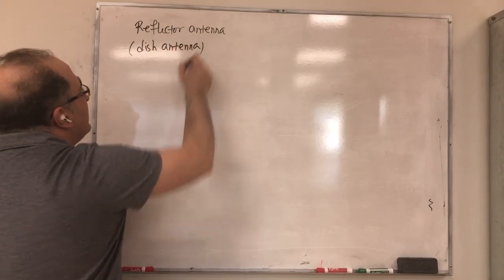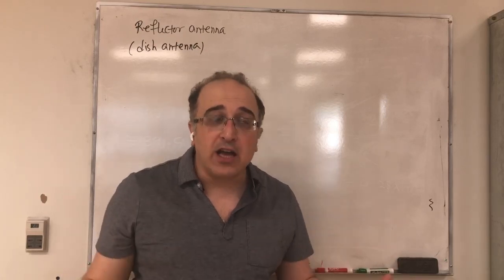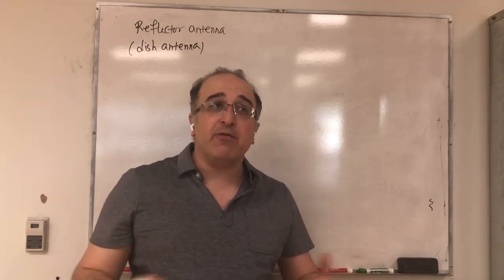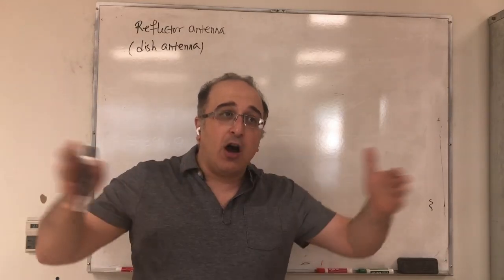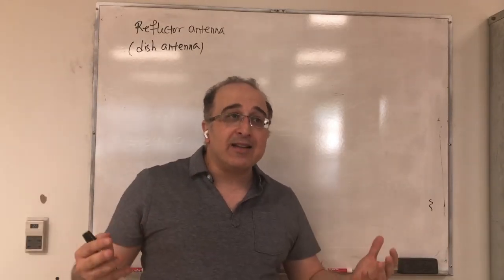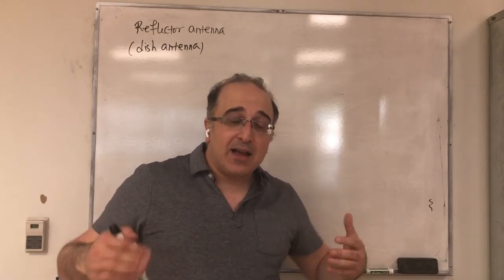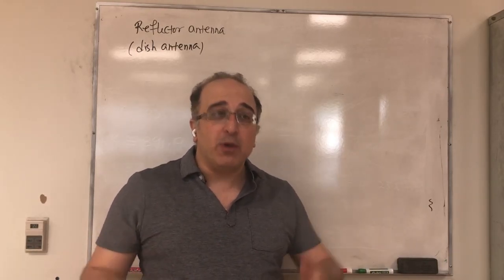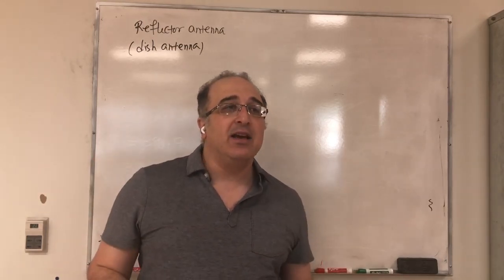This antenna is actually creating a large aperture for us with reasonable phase and amplitude, and it doesn't need to have a very long length. Remember that the size of the aperture needs to be such that it can make the directivity that you want, but here we're talking about the length, the compactness of the structure.